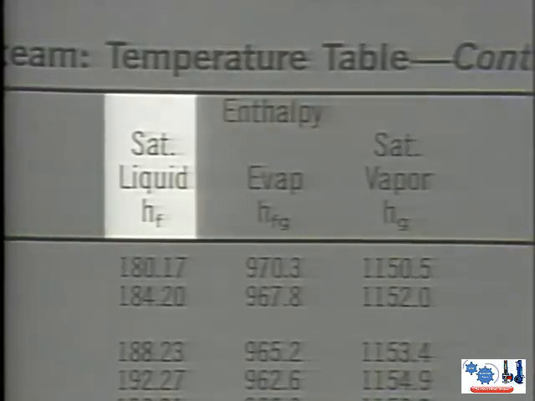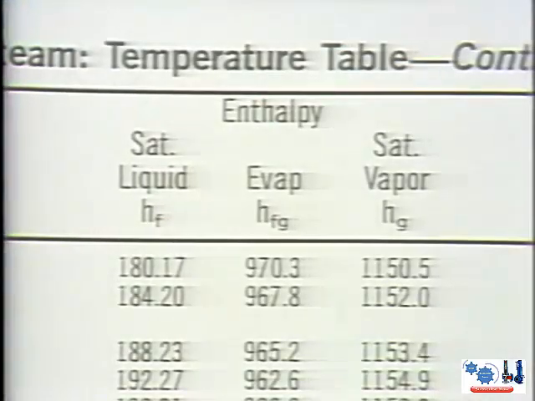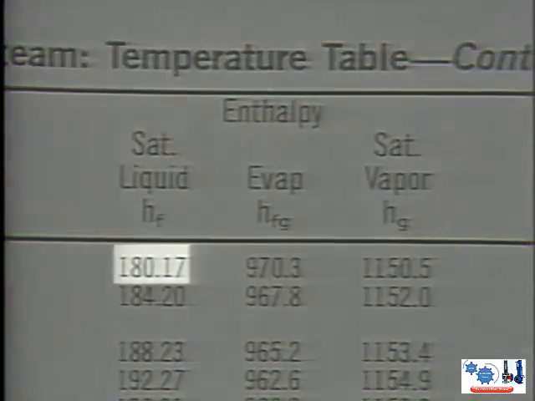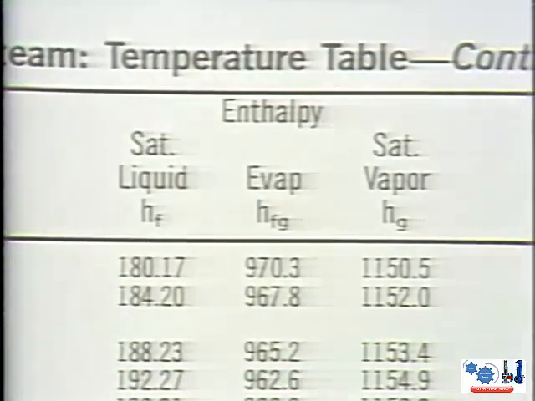The first column under enthalpy is labeled saturated liquid and is symbolized by the small letter H and the subscript F. The values indicated are in units of BTUs per pound. The value for saturated water at 212 degrees and 14.7 psia is 180.17 BTUs per pound.